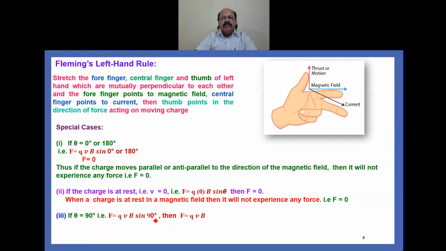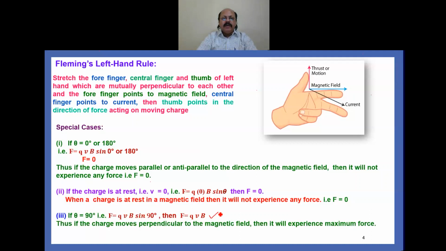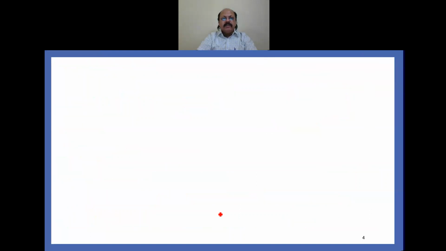Sine 90 degrees is 1, so you will get F equal to QVB, which is the maximum force experienced by the charged particle. So we can say that if the charge moves perpendicular to the direction of the magnetic field, then it will experience maximum force. So these are the three cases.